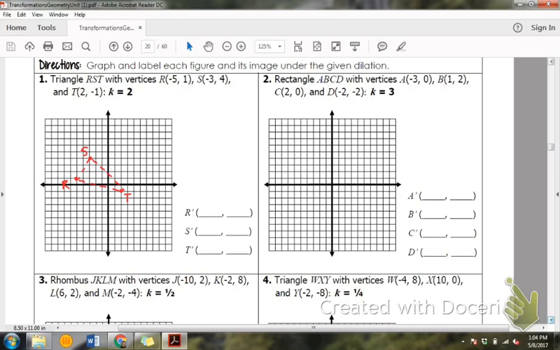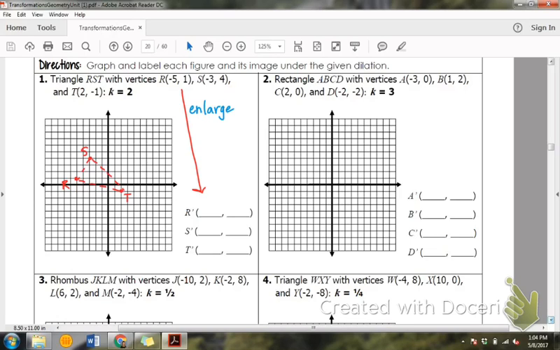And if I want to dilate this by 2, do you see where it says K equals 2? All that means is I'm multiplying every X and every Y by 2. So before you graph it, I want you to write down the new coordinates. Negative 5, 1, if I dilate that by 2, first of all, is this an enlargement or a reduction? Enlargement, so let's write that. It's going to be an enlargement because K equals 2 and 2 is greater than 1.